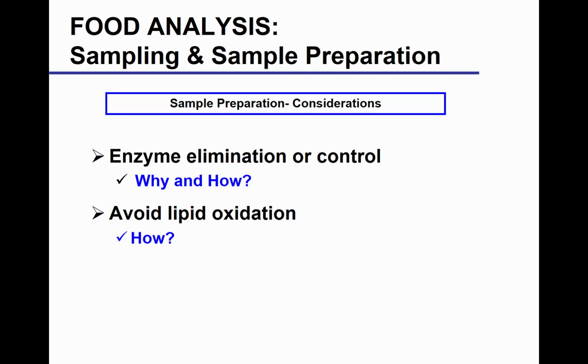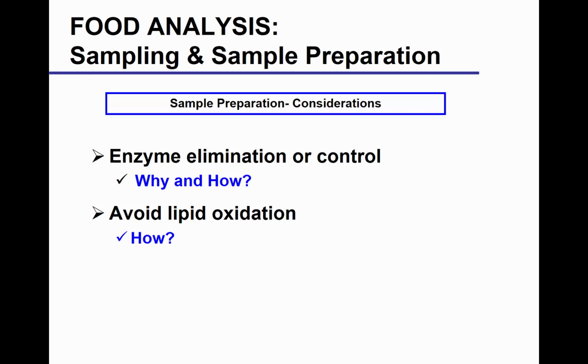Yes, so you can vacuum seal or flush with nitrogen. That means flushing with nitrogen where nitrogen will displace oxygen. So you can do that. That's one thing. There are other things you can do. You can simply add antioxidants.